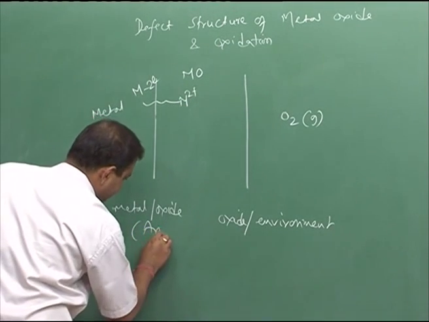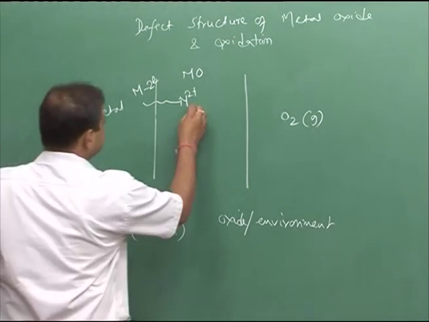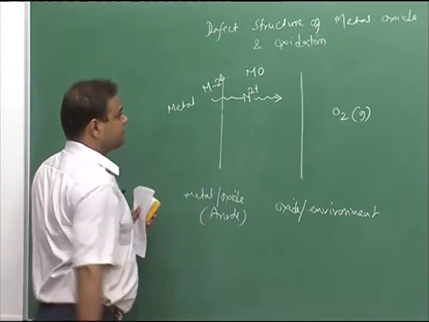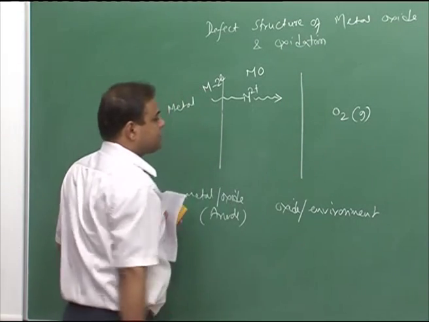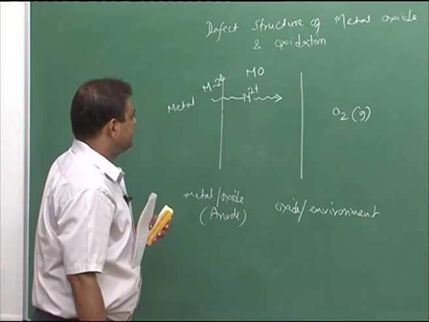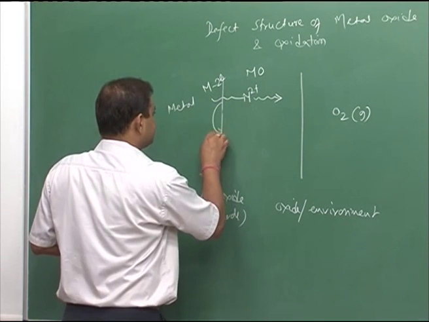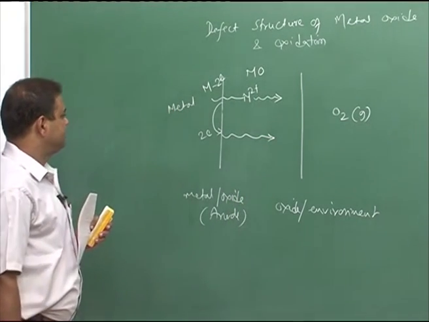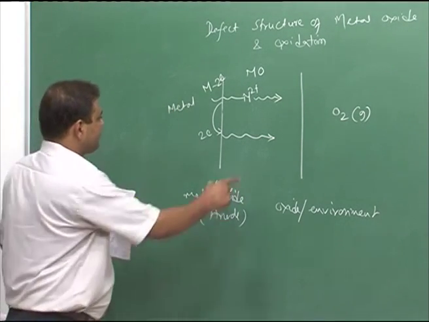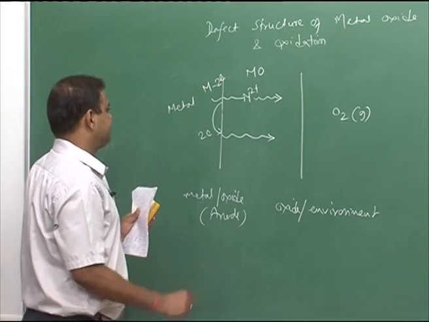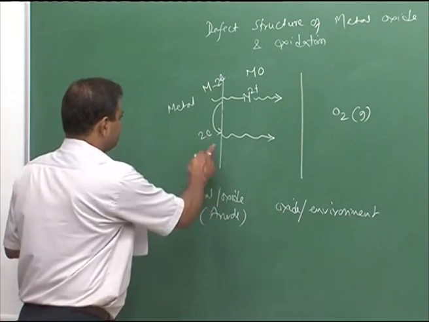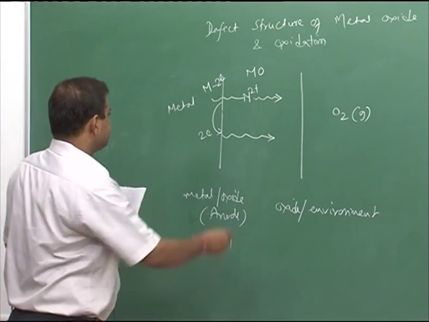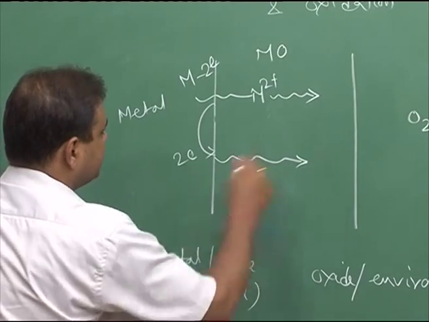So, this is anode, and now this one diffuses through the metal oxide and reaches this oxide environment interface, and at the same time the 2 electrons will also reach the other end, and that means oxide is acting as conductor because it is also transmitting electrons from one end to the other end.